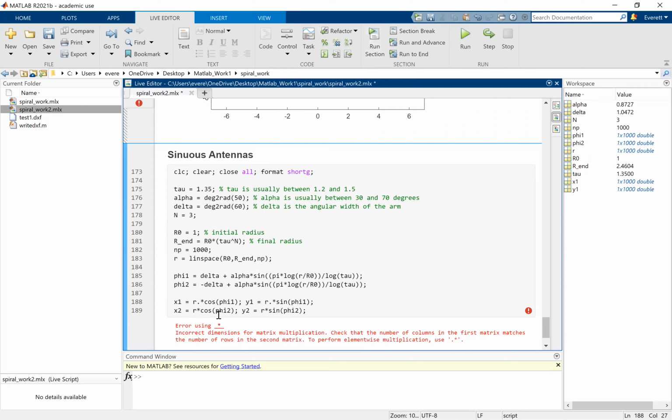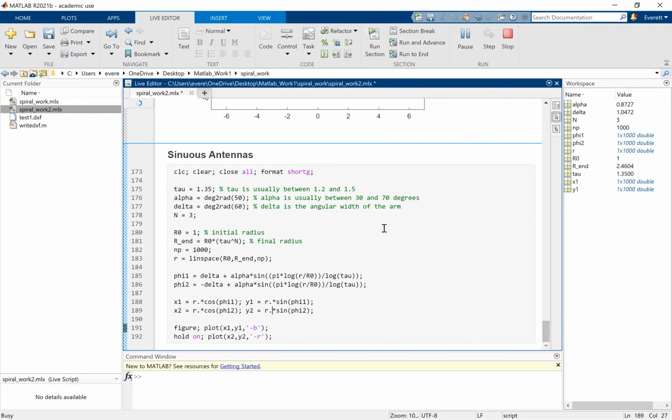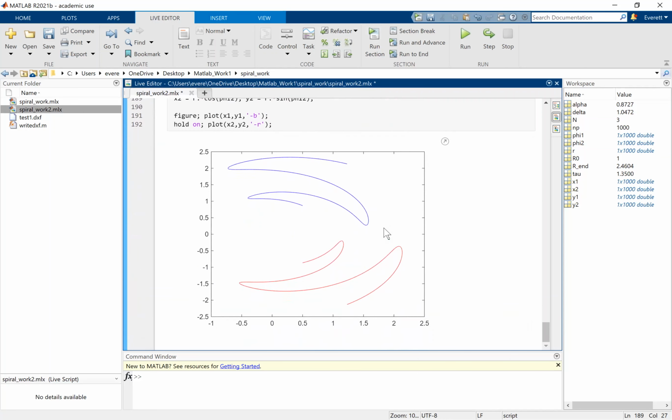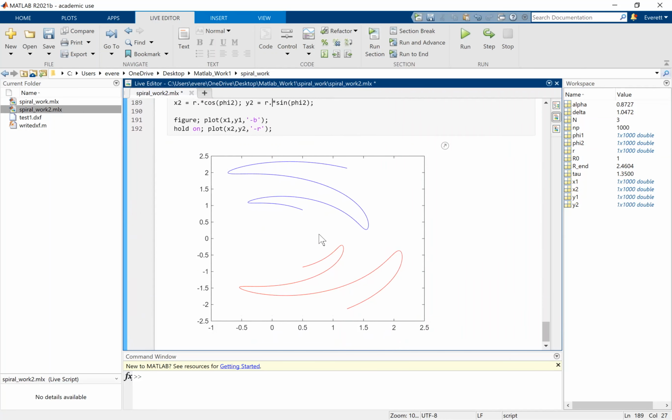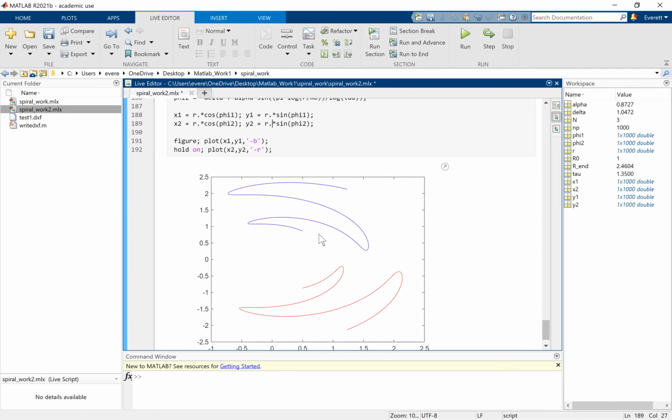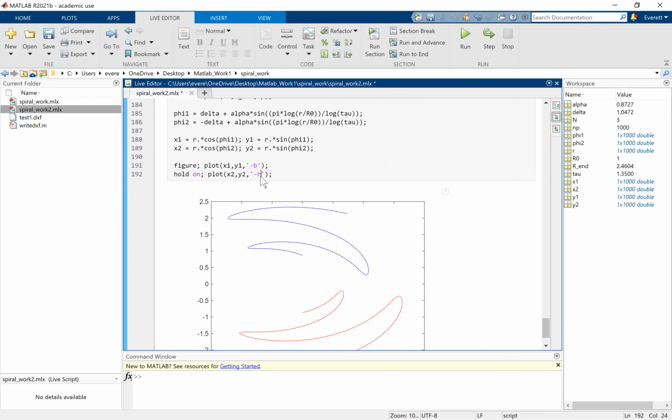Let's run, and I still have to do it for these ones too. All right, so we're getting something right now. Actually, let's make both of these blue.